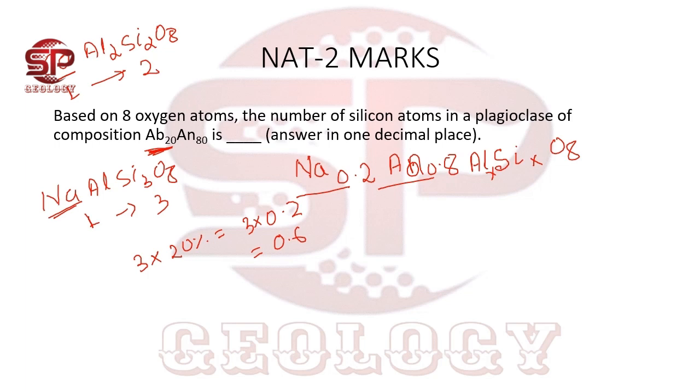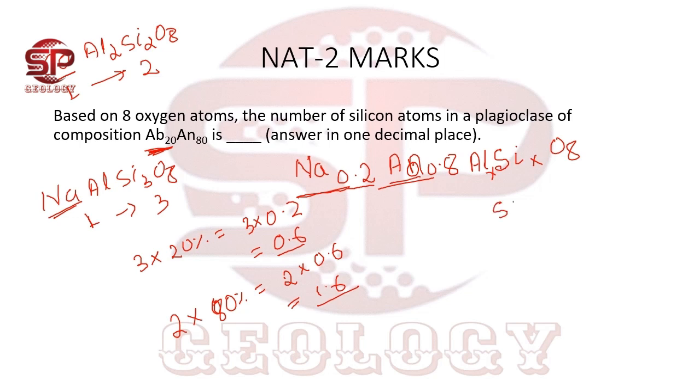Here anorthite is 80%, so it will be 2 into 80%, 2 into 0.8, which is 1.6. So when Na is 0.2, Si will be 0.6. When An is 0.8, it will be 1.6.